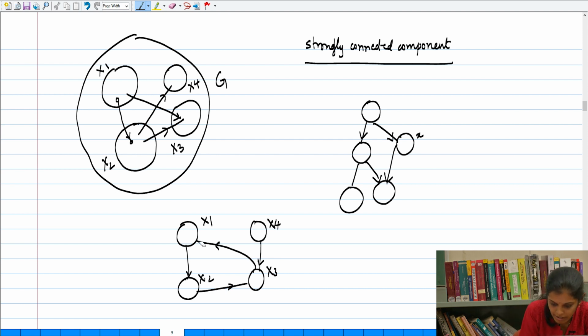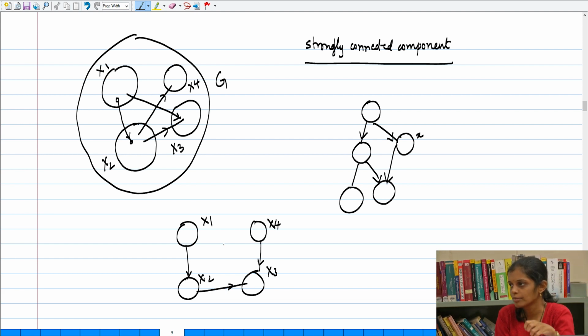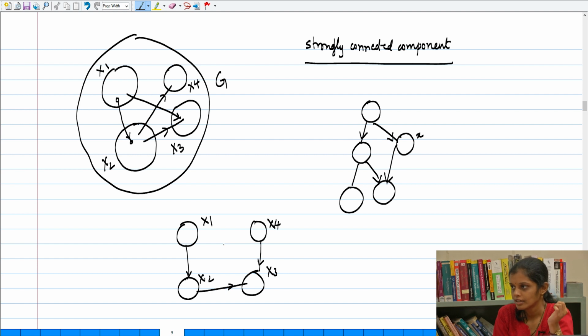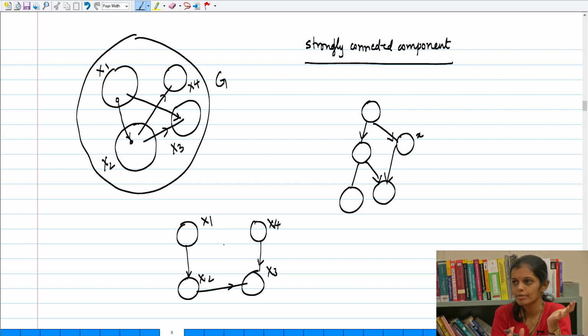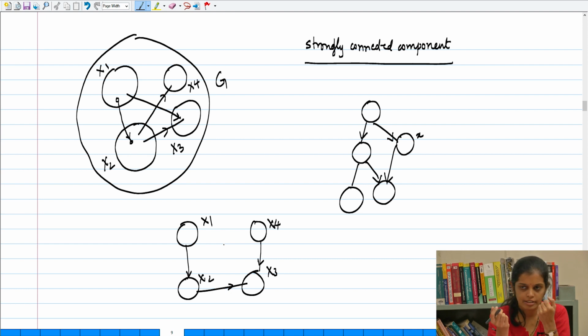This is not the correct structure, but this edge is missing. But in fact, whatever DAG you have, there must be a source strongly connected component and a sink strongly connected component. There must exist one such component labeled as a source and one as a sink. Does everybody agree with that? Just by taking the analogy from the DAG to the meta DAG that we have constructed.